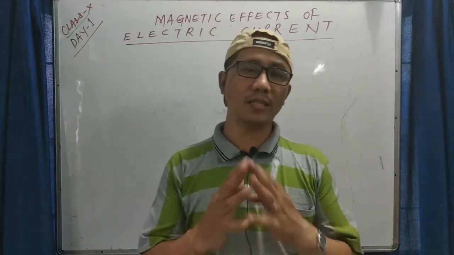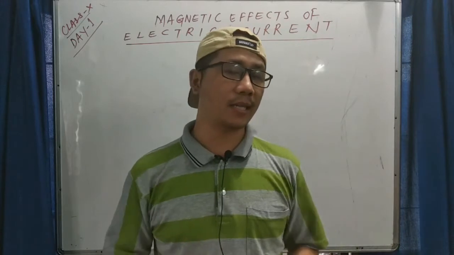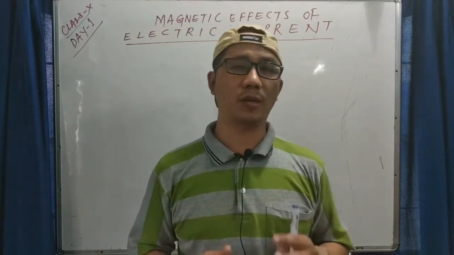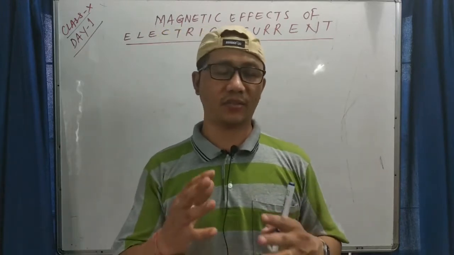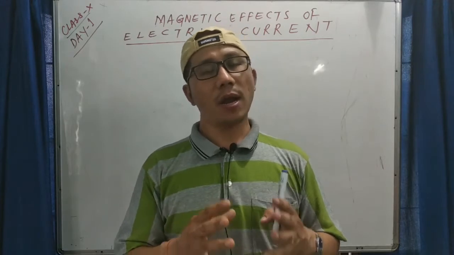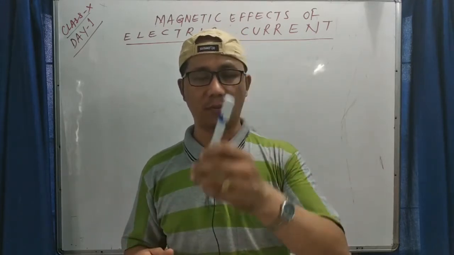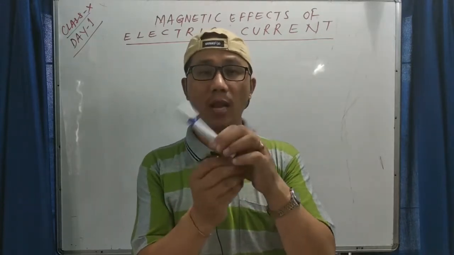In this chapter we will learn about a magnet and the characteristics of a magnet. After knowing the magnetic field, we'll learn about a current carrying straight conductor. Suppose it is a straight conductor, when we pass the electric current, what will happen?